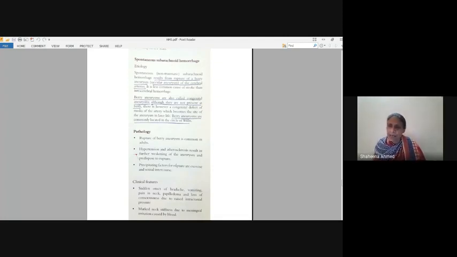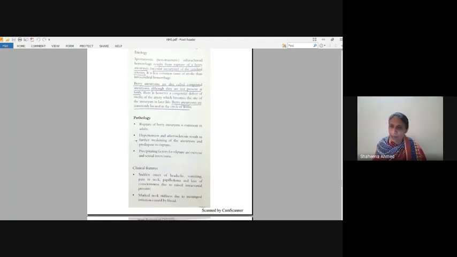Basically, the weakness lies in the intimal walls of these aneurysms. And these aneurysms are usually seen in the circle of Willis. Again, being an aneurysm, these are potential points of weakness and they can easily rupture.